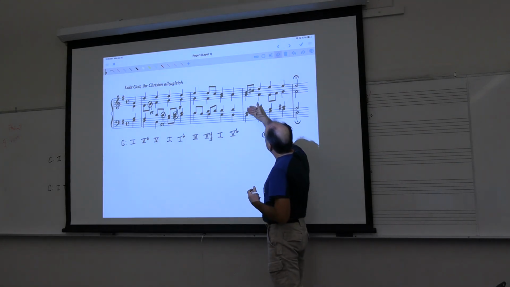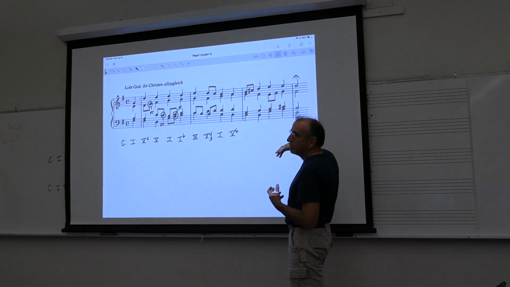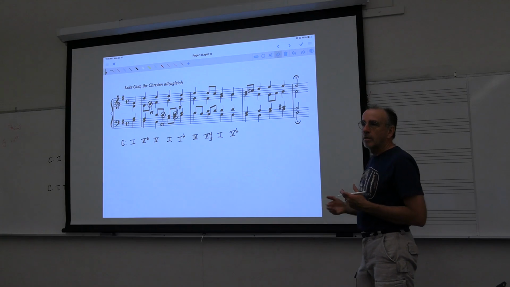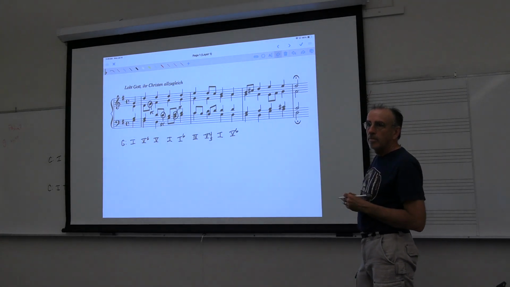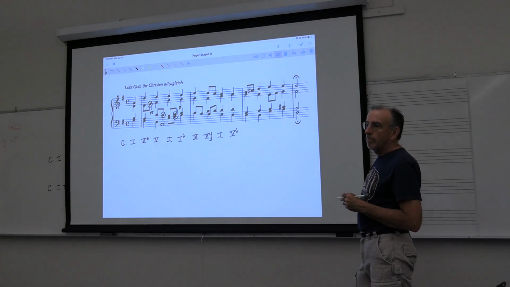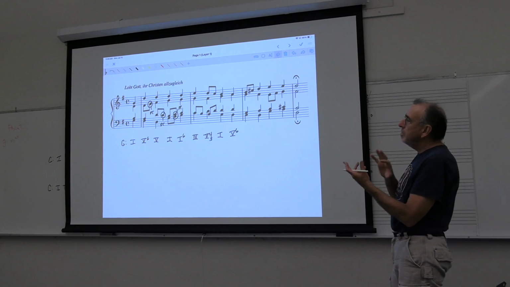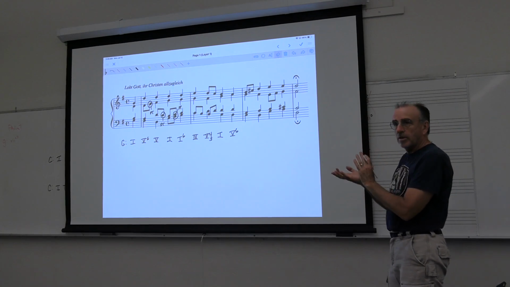So on the very downbeat here, what does that look like in terms of a root name and quality? E minor? An E minor, yeah. So in G major, E minor would be 6, right?